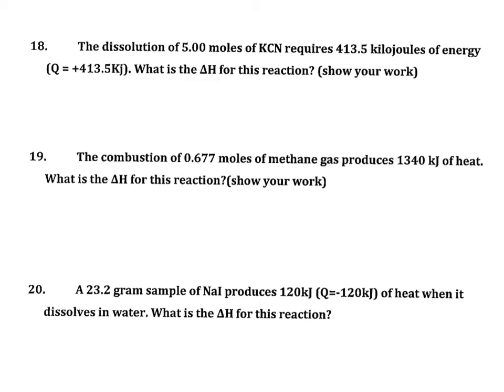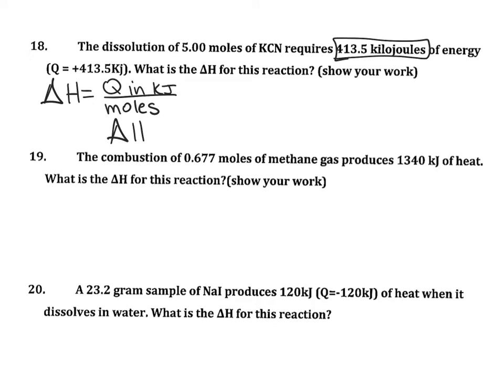The first thing I want you to notice in number 18 is that we don't have a chemical equation or a reaction telling us mole-to-mole ratios that are producing this amount of energy. So when we want to calculate delta H, we are going to take our Q in kilojoules and divide by our number of moles.